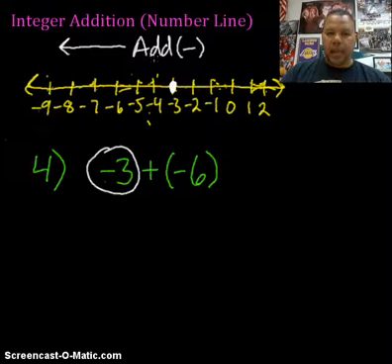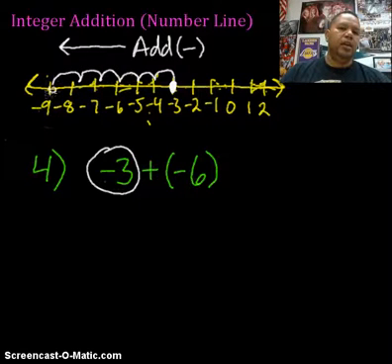Adding a negative is the same thing as subtracting. So we're moving to the left 6 places: 1, 2, 3, 4, 5, and 6, ending up right here at -9. So -3 plus -6 is -9.